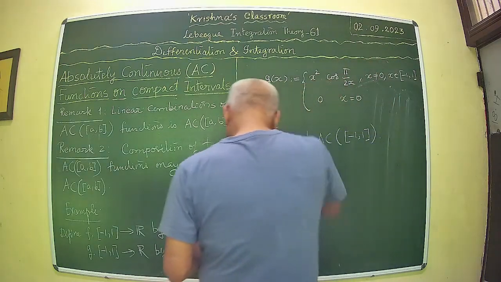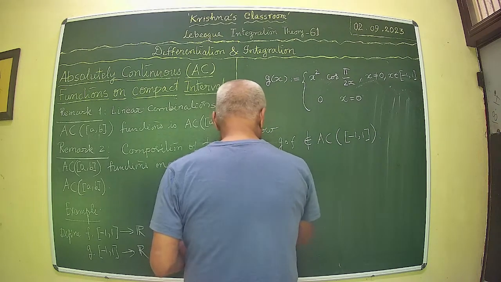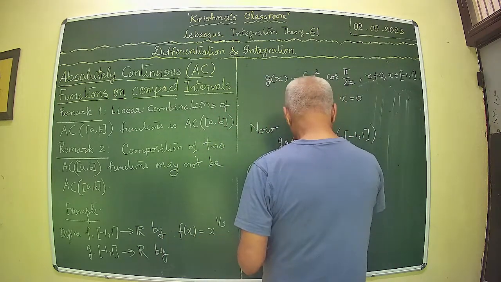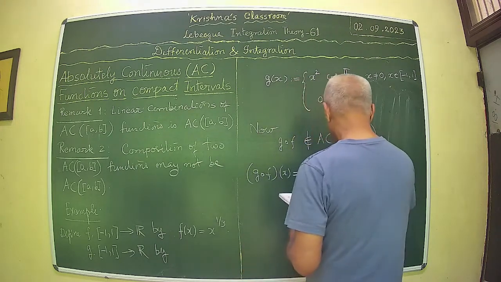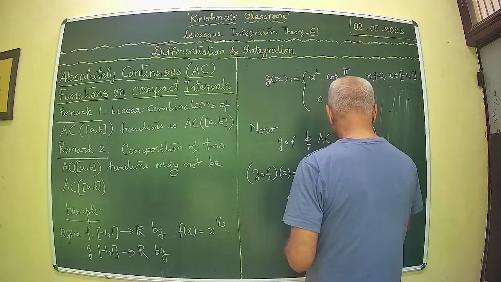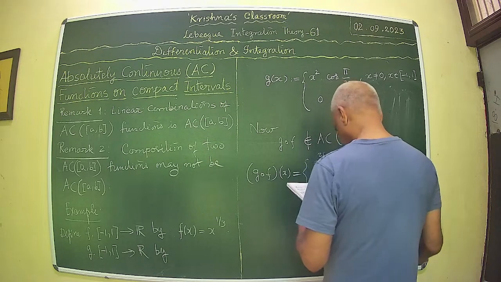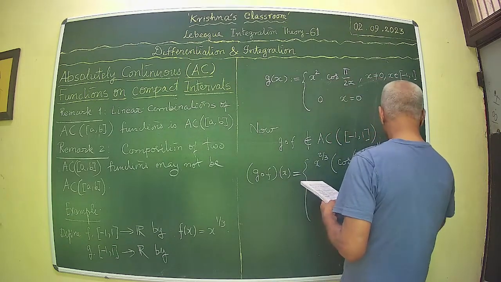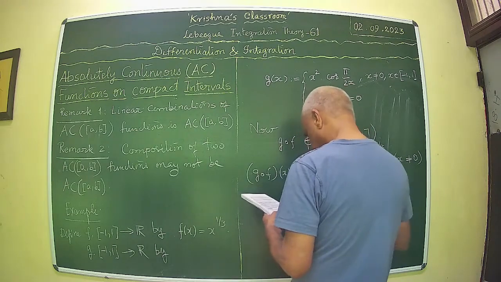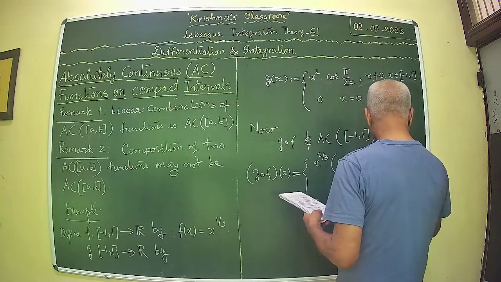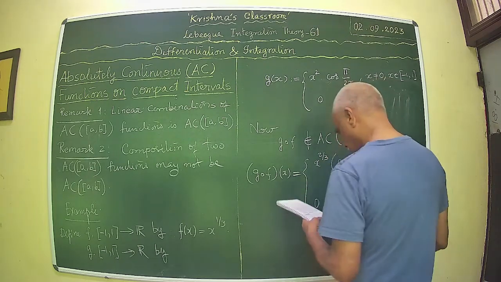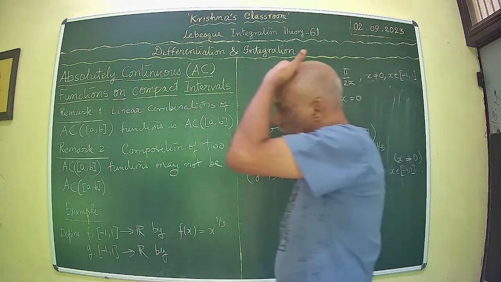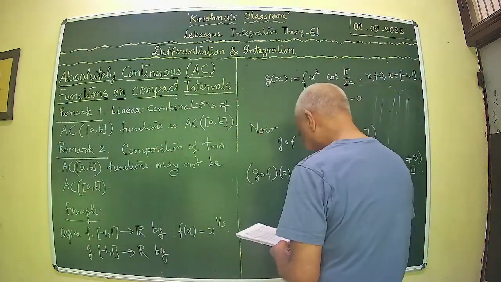In fact, more explicitly, I can write this g composition f ... zero, and this is 0. Suppose x belonging to ... 0 for ... 0.